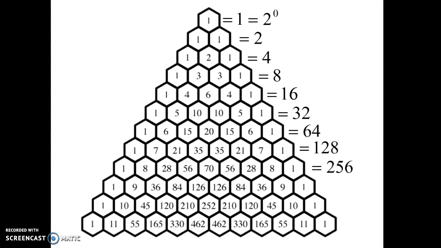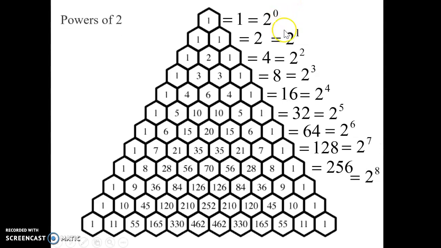And what you notice is these are all powers of 2. And look, these exponents are the row numbers. That's why this first one is row 0. It's 2 to the 0 power, which is 1. First row, second row, third row, fourth row, and so on. It's pretty neat.